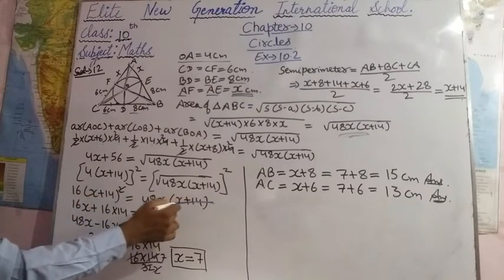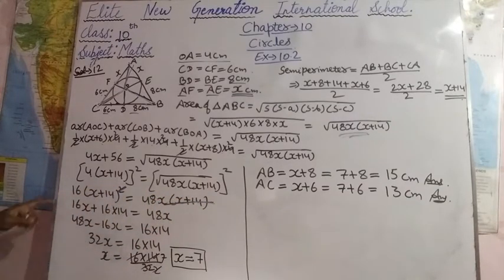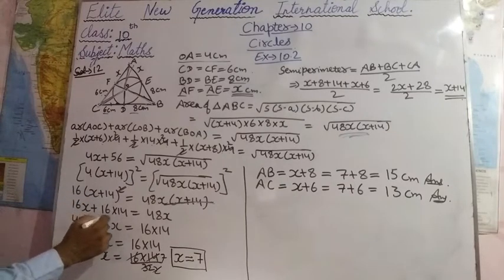So we can cancel one x plus 14 from both sides. So here it will be 16 into x plus 14, that is 16x plus 16 into 14, equal to 48x.